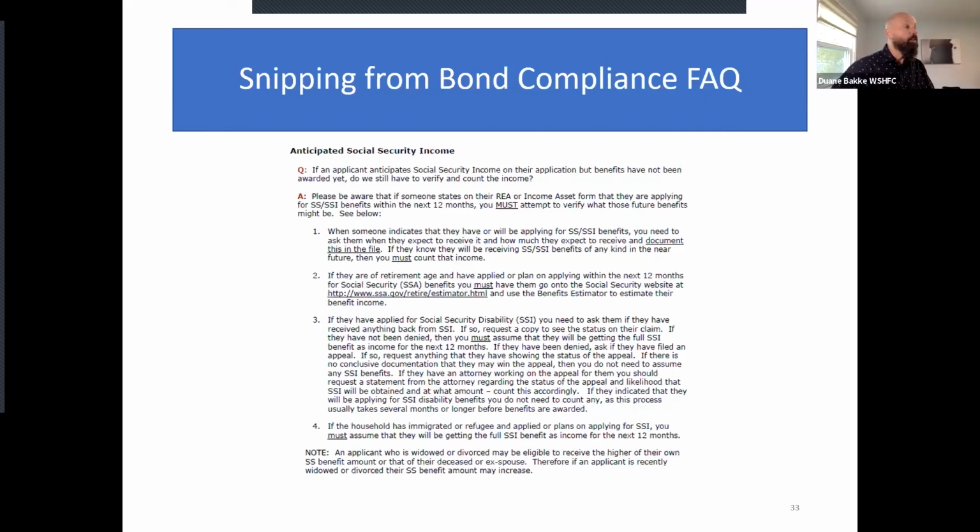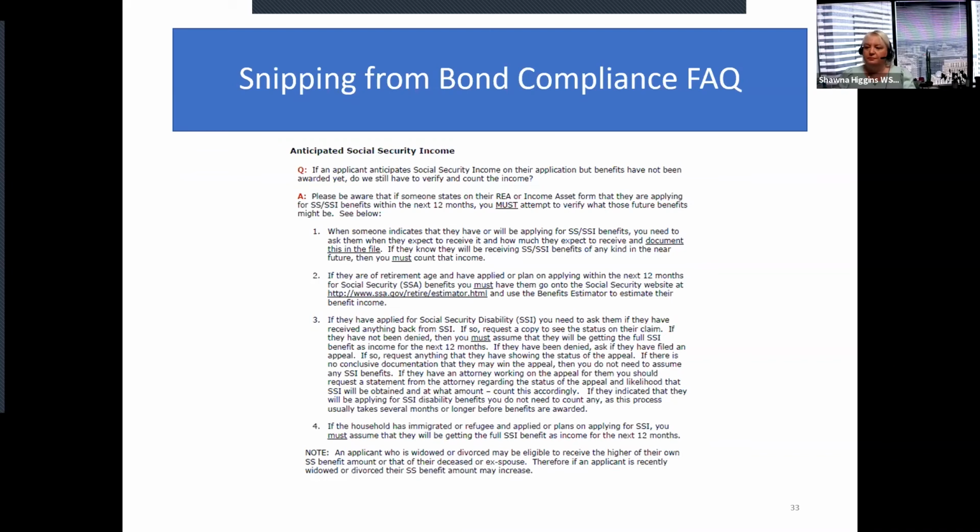If there's no conclusive documentation that they may win the appeal, then you do not need to assume any SSI benefits. If they have an attorney working on the appeal for them, you should request a statement from the attorney regarding the status of the appeal and likelihood that SSI will be obtained and at what amount, and count this accordingly.